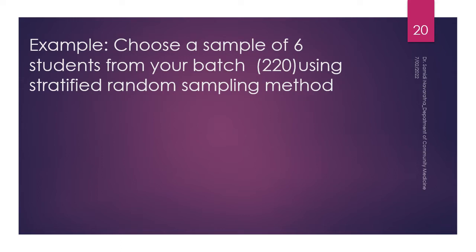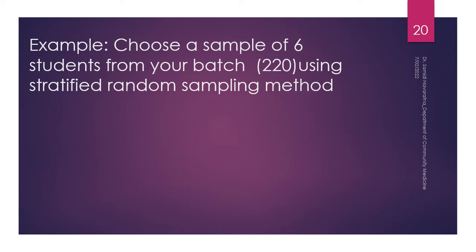Now I'm going to divide you into 2 subgroups, but you can use any other characteristic and divide your group into any other number of strata if you want to pick the sample that is appropriate for your study, for your purpose.